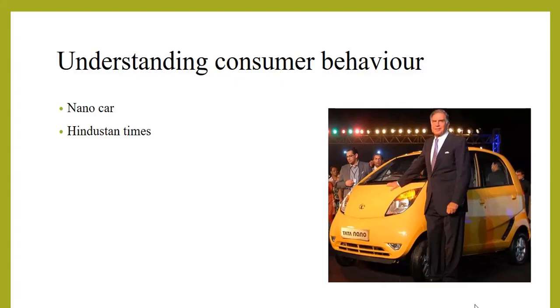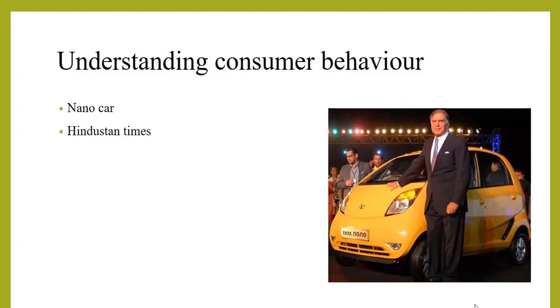One day Ratan Tata was traveling in his car and he noticed that middle class Indian people were riding on two-wheeler bikes with four people, like a father, mother and the children. Then he thought it was very risky. The journey is very risky. So he thought, I want to give a safe journey for the common man at a low economic price, a very nominal price.